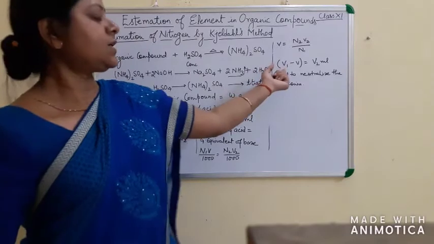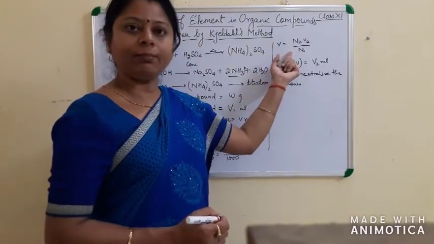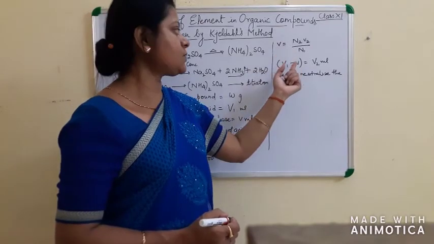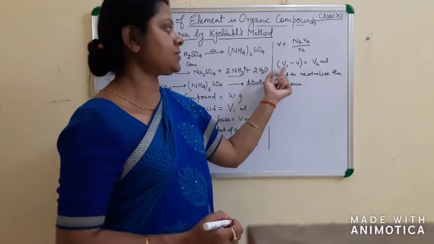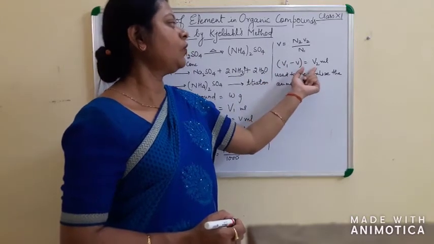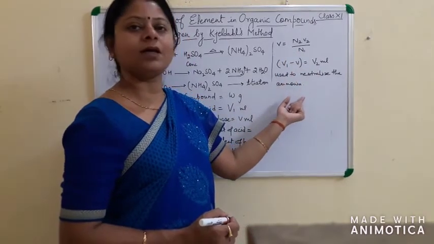Or, by subtracting the volume of acid which is neutralized by the base from the initial volume of acid, we get the volume V2. This is the volume which is used to neutralize the ammonia.